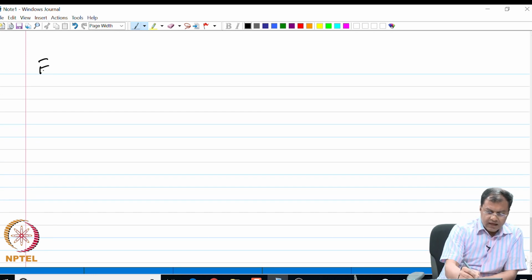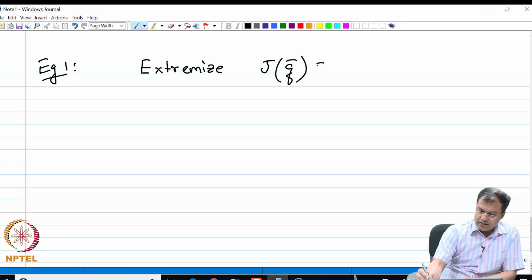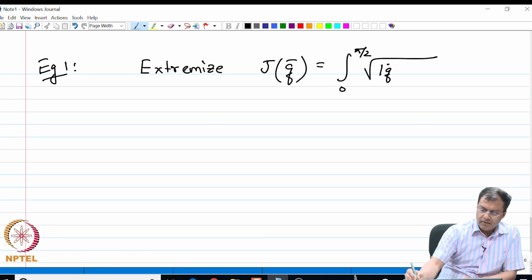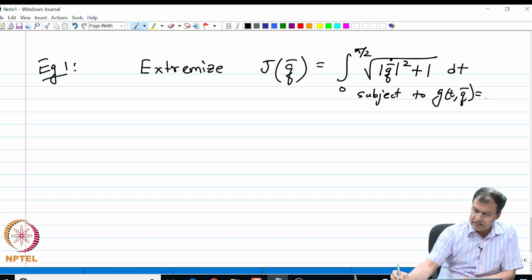The example today is as follows. I need to extremize J of q bar, which is the integral from 0 to pi by 2 of the square root of mod q bar dot square plus 1 dt, subject to g of t comma q bar, given by mod q bar square minus 1 equal to 0.